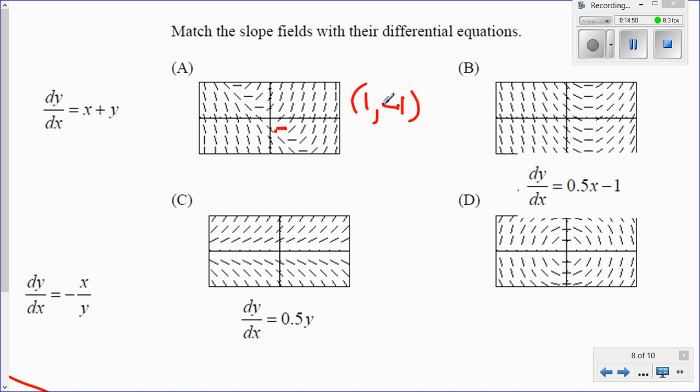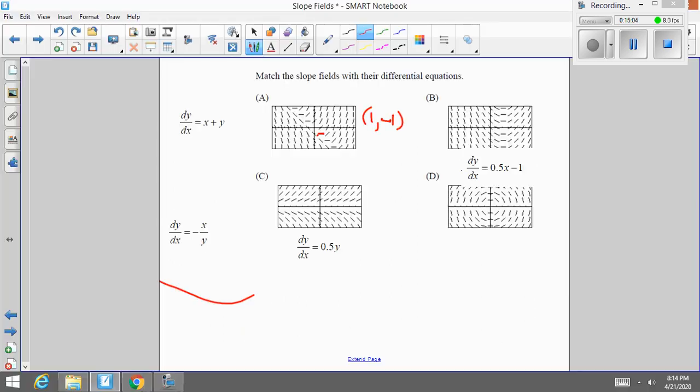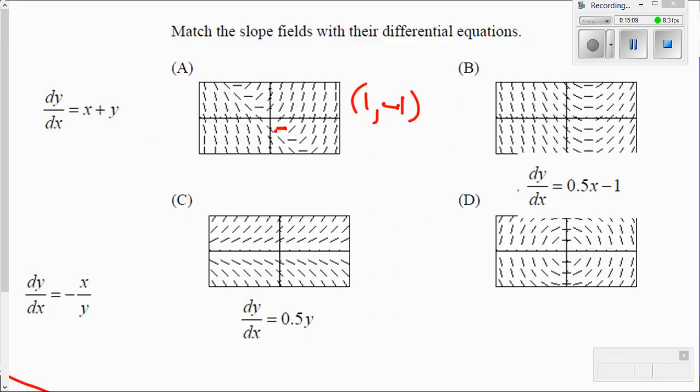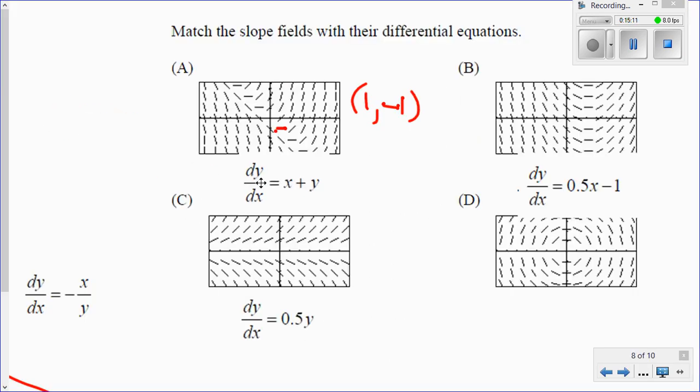So with the two equations I have left, if I plug in 1 for x and negative 1 for y, the only one I'm going to get 0 for is x plus y. So that would tell me that that slope field matches with x plus y. And of course, by process of elimination, we can match slope field D to its differential equation, but you honestly could do the same thing.